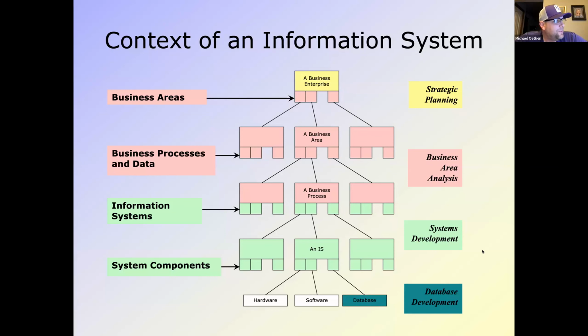Going down a step further, there are all the system components tied into that information system. And at the very bottom is where we get into the specifics, like developing databases and the specific software and hardware that tie into those systems and support everything moving up the pyramid.